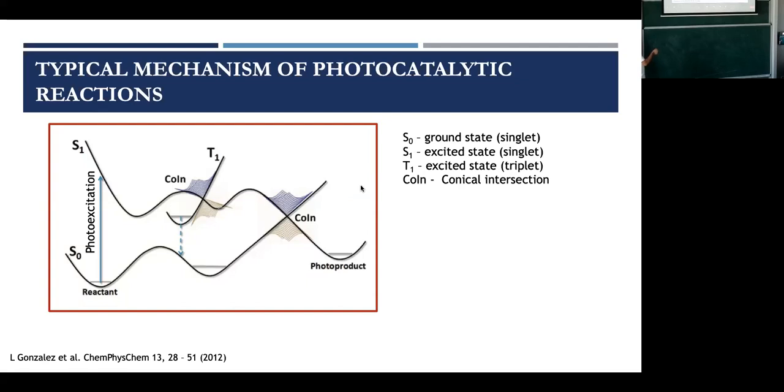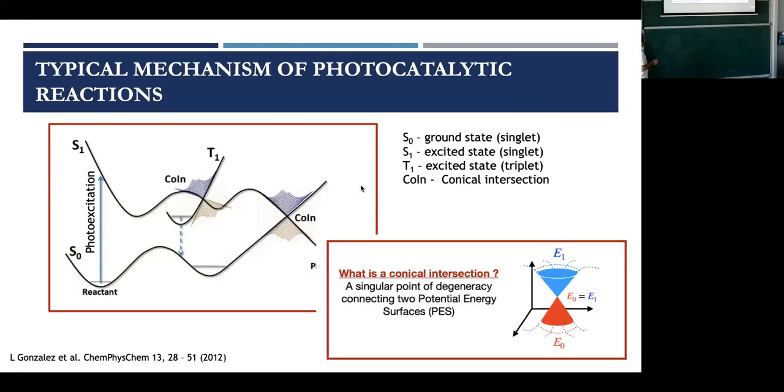It can come here and stay in this well, but in this case no products are formed. And if it takes this pathway, then a photoproduct is formed. So yeah, this is just a cartoon to illustrate the mechanism of a photocatalytic reaction. But yeah, it can be further more complicated than this as well. So again, here you can see that this conical intersection plays a role.